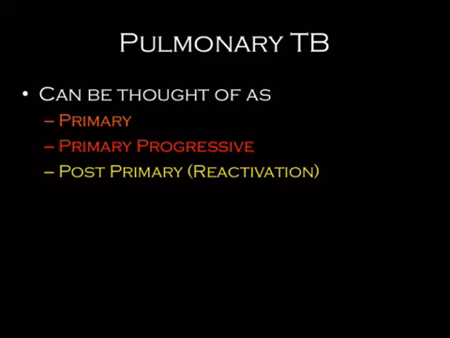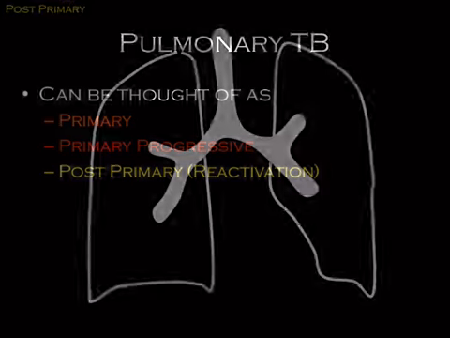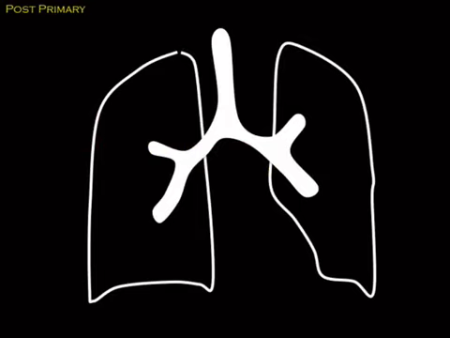Now, post-primary or reactivation TB is probably the one you're most familiar with. This is the person who at some point has gotten infected, some period of time has gone by, and then there is an awakening in the force, and they reactivate.